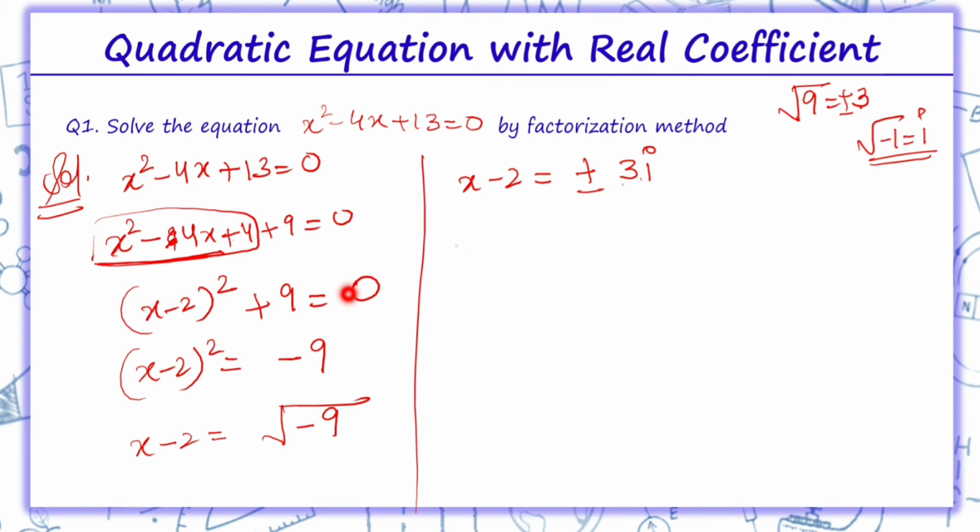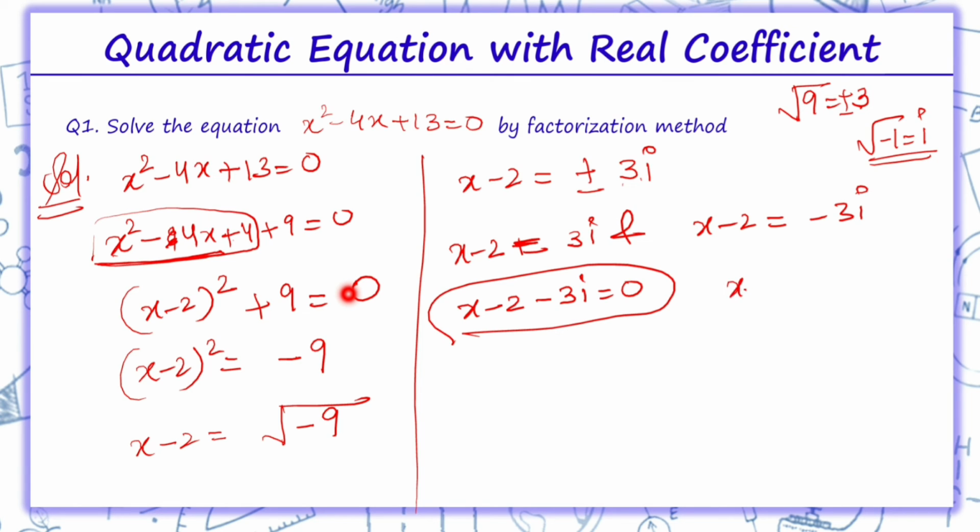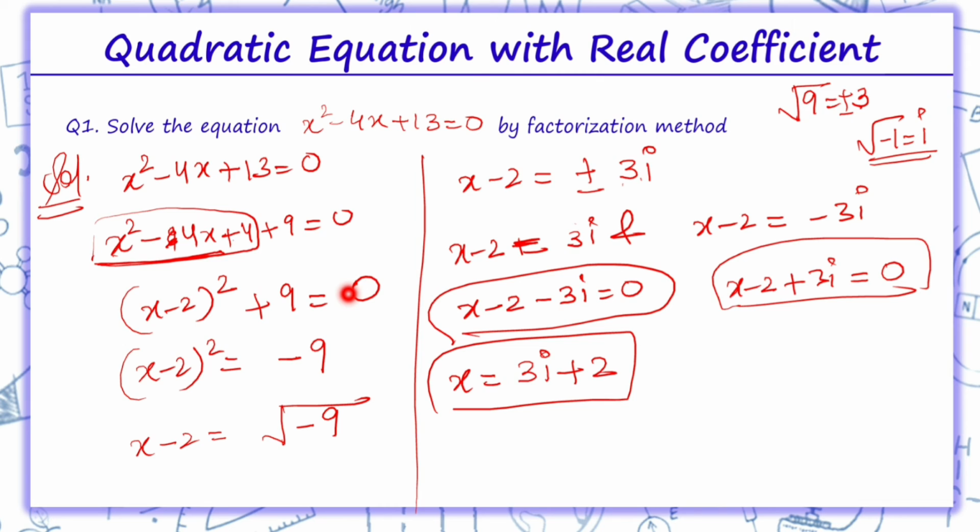So now the solution will be: first of all we will take 3i, then x - 2 = -3i. So here we will get x - 2 + 3i = 0. This is the first root, and then x - 2 - 3i = 0. This is the second. So when we solve this, we will get x = 2 + 3i. That is the first root.